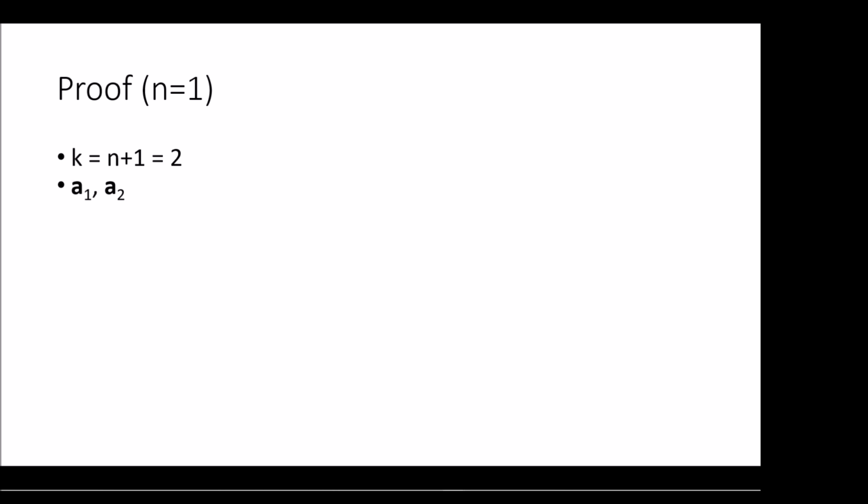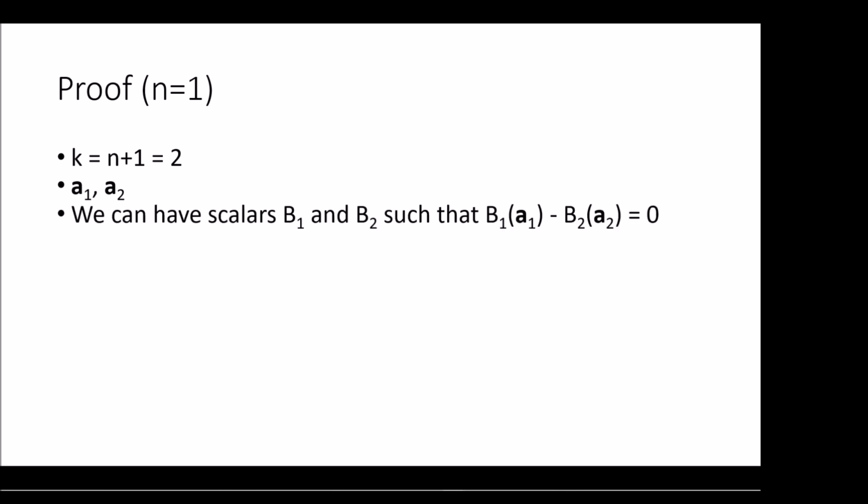In order to prove that the independence dimension inequality holds here, we need to show that these two vectors are linearly dependent in all cases. Of course, when they're 0, they're going to be linearly dependent, but when they are non-zero, we can introduce scalars beta 1 and beta 2 such that beta 1 times a1 minus beta 2 times a2 is equal to 0.